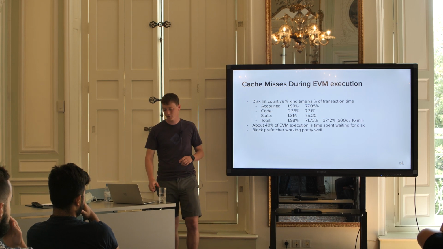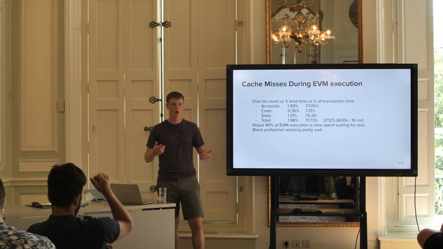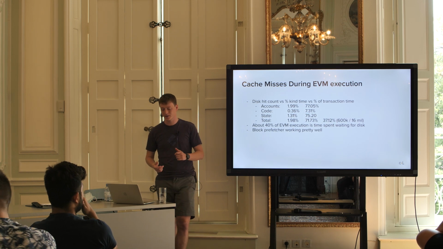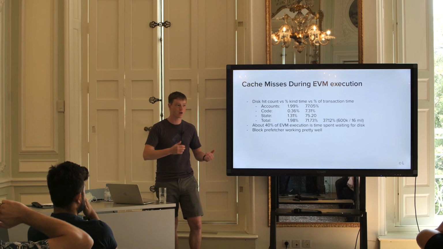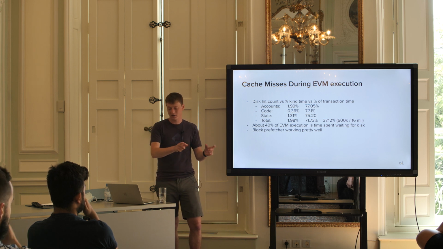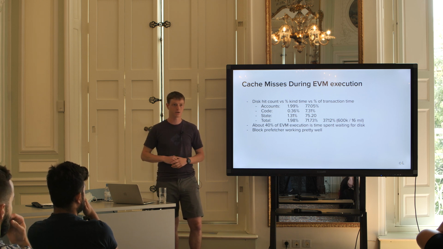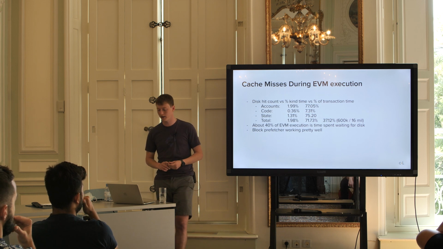Whenever you're looking up an account or a state access, 1.5% of the time you actually have to go out to disk, versus 75% of the time being spent on those operations. So that's 75% of all time spent on lookups being spent going out to disk. It's a huge asymmetric thing where if you can push the prefetcher and other tricks to get everything into RAM, you've cut your lookup time by a huge amount.